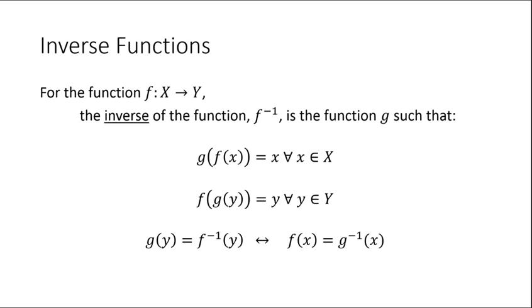It's worth noting that inverse functions are inverses in both directions. So if g of y is the inverse function of f, then f must also be the inverse function of g.